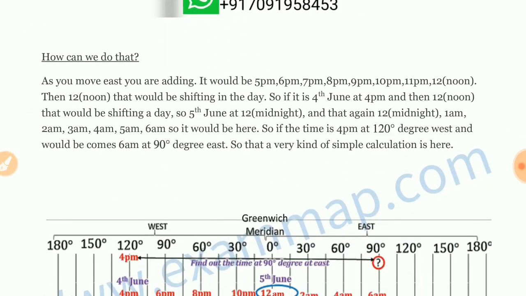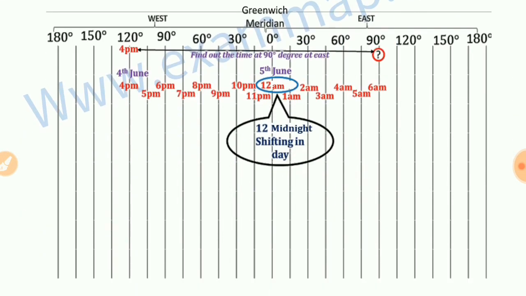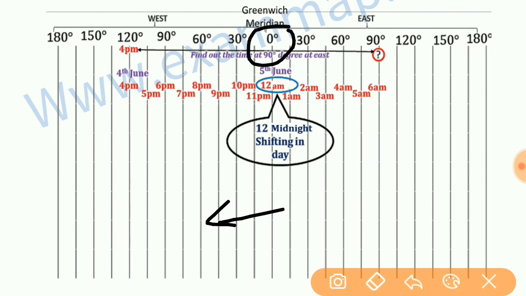Let's take another example to the west of the Greenwich meridian. As we know, to the west of the Greenwich meridian we have subtraction of time, or time behind. Here at 0 degrees we have 12 noon.